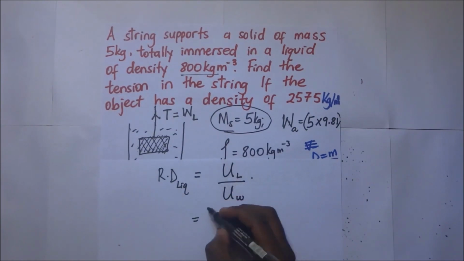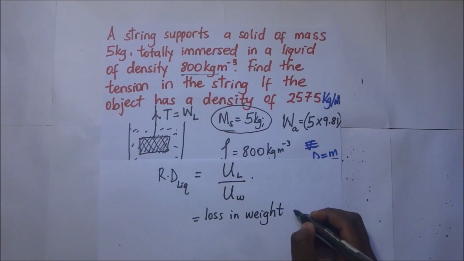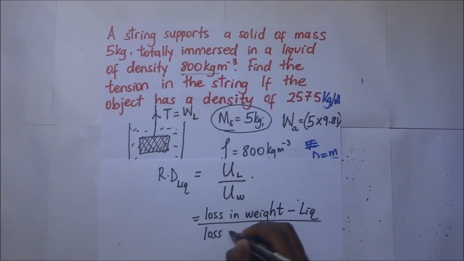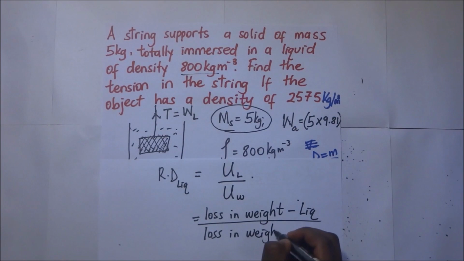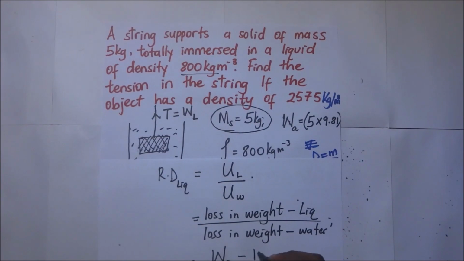And this upthrust, we are talking about the apparent loss in weight of that solid when it is in liquid, divided by the apparent loss in weight when it is in water. So this is given by the weight of the solid when it is in air minus the weight of that solid when it is in the liquid, divided by the weight of that solid when it is in air minus the weight of that solid when it is in water. That is relative density of a liquid.